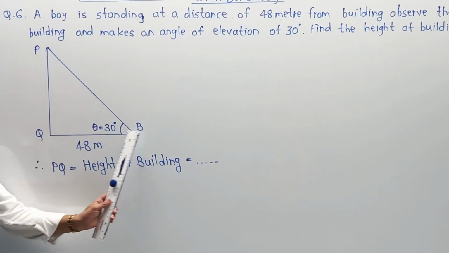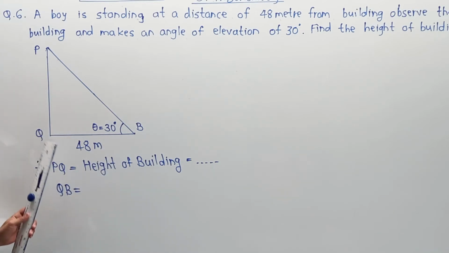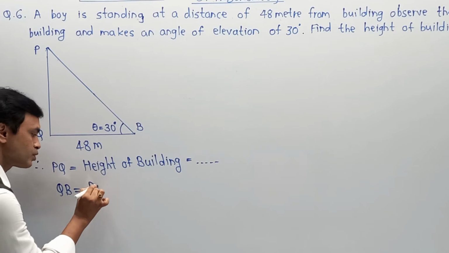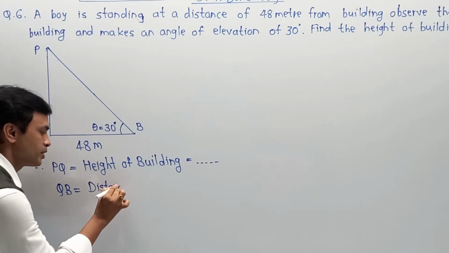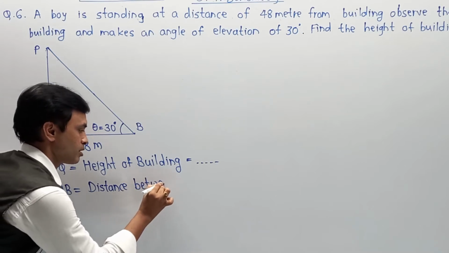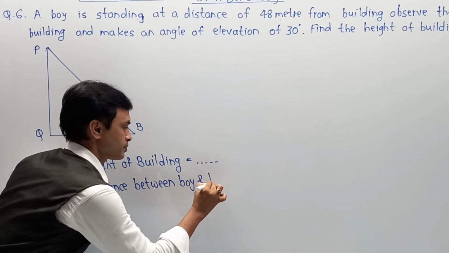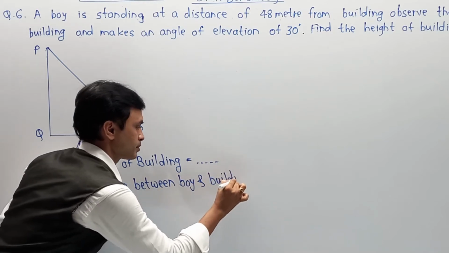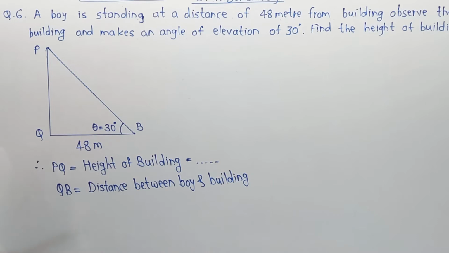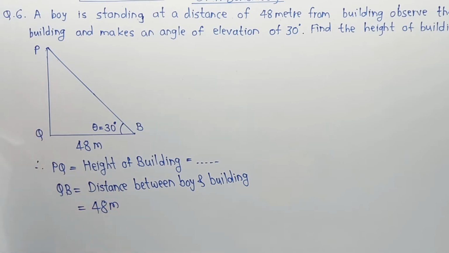Next, QB, or you can say BQ. QB is the distance between the boy and the base of the building, and they have given this distance as 48 meters. So this value is with us, that is 48 meters.